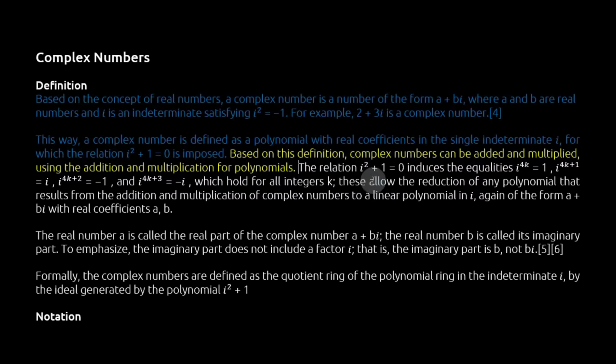This induction trick, they are saying, it helps when you want to reduce any polynomial that results from addition. So this part is an action, but this one is a result of what this can do. So let's put the first part as an action, this part, but the rest of this paragraph, it's a result.